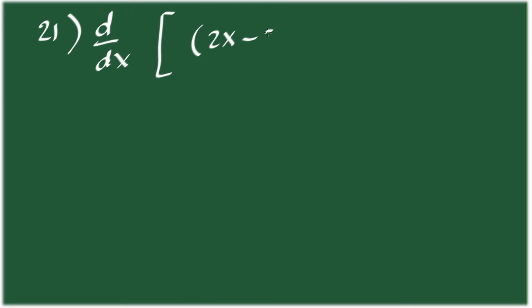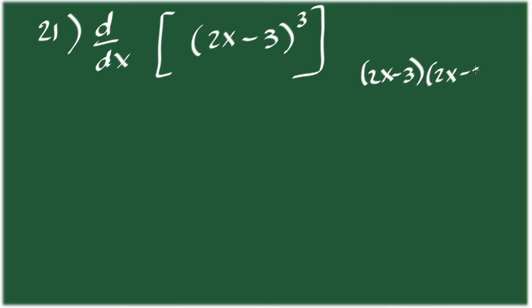Okay, number 21. How about if you have to find the derivative of 2x minus 3 to the third? Okay, I know it's not going to be easy to multiply 2x minus 3 by itself 3 times.